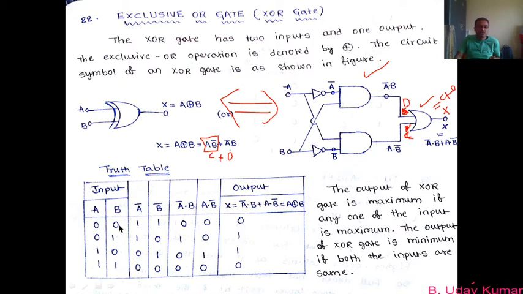What does that mean? 0 0 applied to A and B means applying low potentials to both A and B. 0 1 means applying low potential to A, and high potential to B. The other possible combination is 1 0: 1 means high potential applied to A, and 0 means applying low potential to B. And 1 1 means applying high potential to both A and B. So these are the possible combinations of potentials that can be applied to A and B.